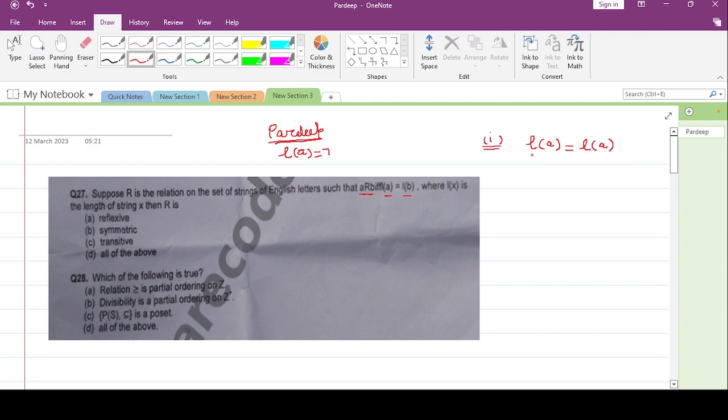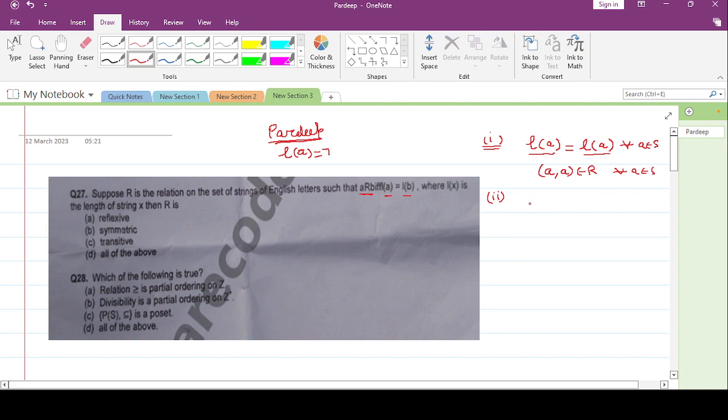Here you have 7, here you have 7. So the length of string A is equal to the length of string A, and it holds true for every string of the given set. Suppose S is the set of strings, so it means that (A, A) is a member of the relation. So this relation is reflexive, for all A belonging to S.